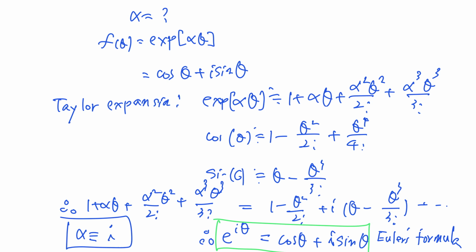Let me Google it. Euler is a Swiss mathematician in the 17th century, 18th century, I think. I used to remember a lot, but not anymore.